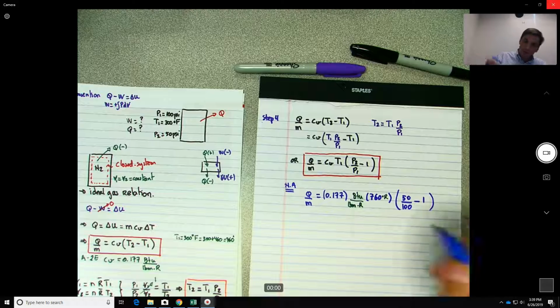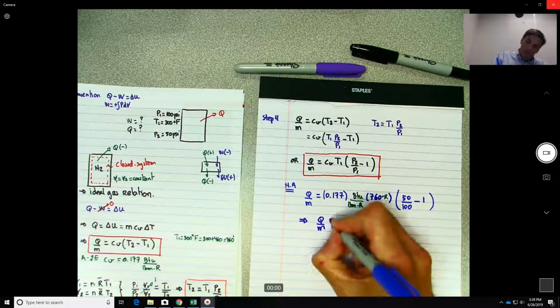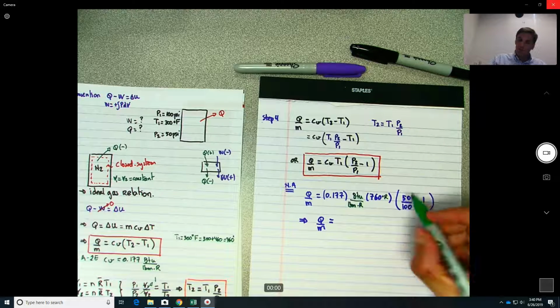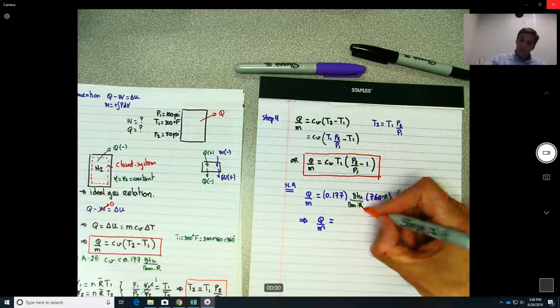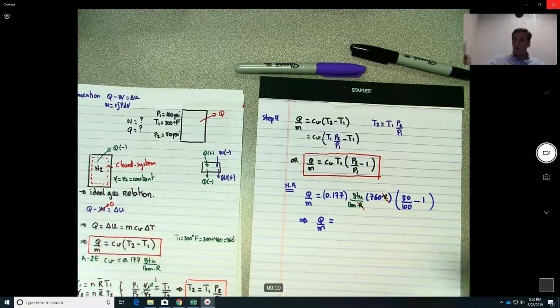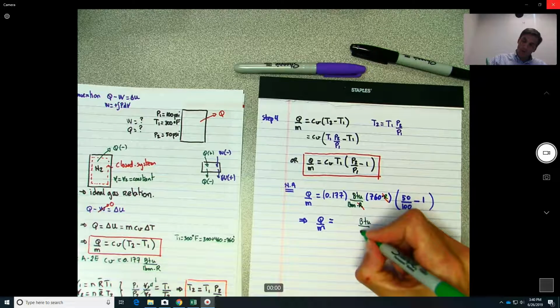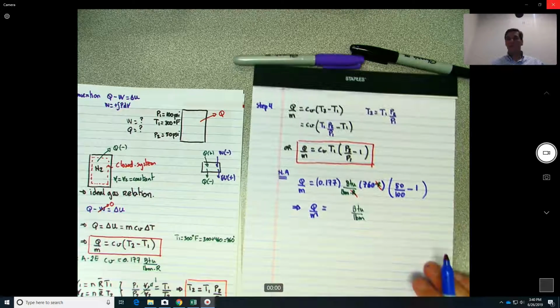Okay, so if you do the calculation, let's first look at the units. The pressure ratio has no units because the pressures cancel, and we end up with BTU over lbm as required.